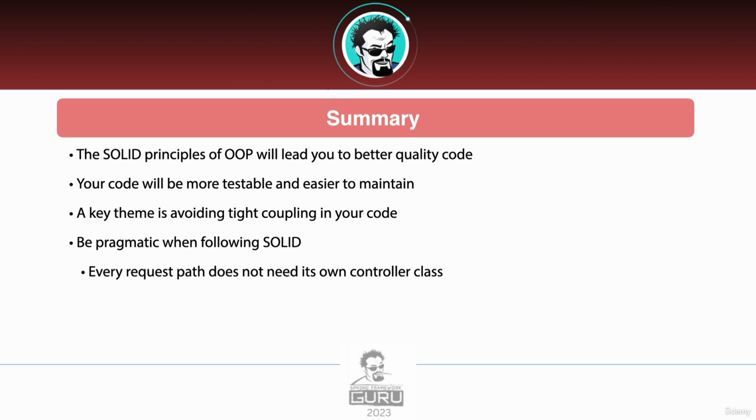But at the same time, be pragmatic when you're following the SOLID principles. Every request path does not need its own controller class, so you can have a controller for products that is going to handle the save, update, delete operations. So the class does have a purpose in life. Technically it would violate the single responsibility principle. But, like I'm saying, be pragmatic when we implement these.